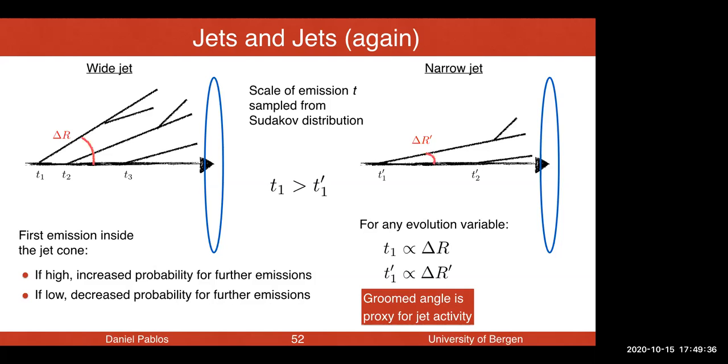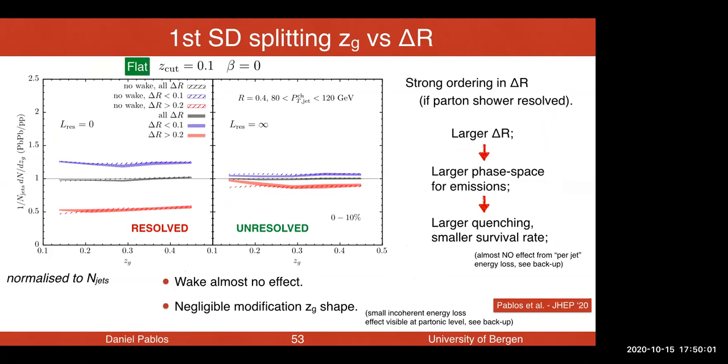Right, the virtuality is determined by this random distribution, the Sudakov distribution. You know the maximum virtuality, but you don't know what the actual virtuality will be. By looking at this angle, you gain access to that. So that's why this is such an important and clear effect of the selection bias.